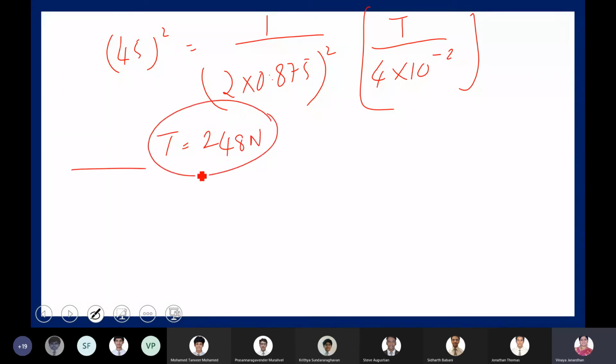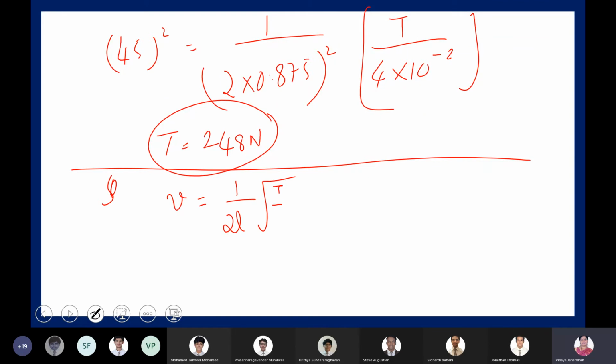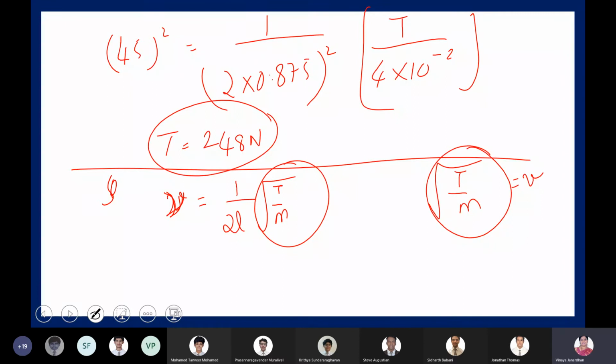Now the question is speed of the transverse wave. Nu is equal to 1 by 2L root of T by M. Now what is T by M? Root of T by M is nothing but the velocity V. So nu is equal to V by 2L, or V becomes equal to nu into 2L.